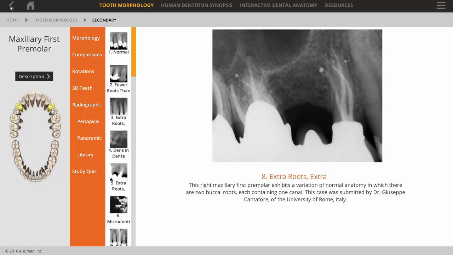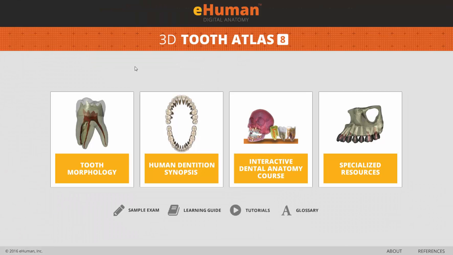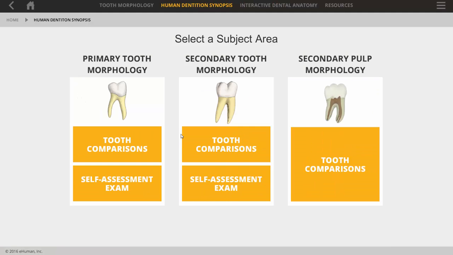Now, if we go back to our original opening splash page, there's a human dentition synopsis section, and if you click on this, then we have some very unique learning opportunities here.